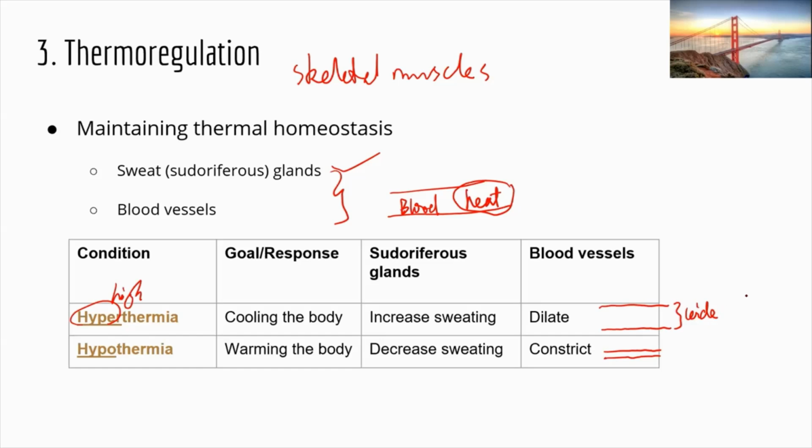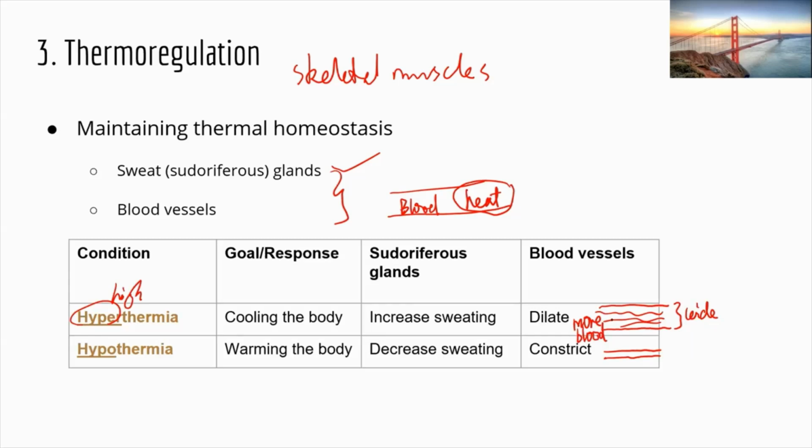It's dilating, so when it gets bigger, that means you have more blood going through the blood vessel, right? So more blood, more heat they can carry. So the blood is going to carry all that excess heat to your body surface, close to, or in your skin, close to the external environment. So that's going to release the excess heat. Okay? So when the heat dissipates, then your body cools down.